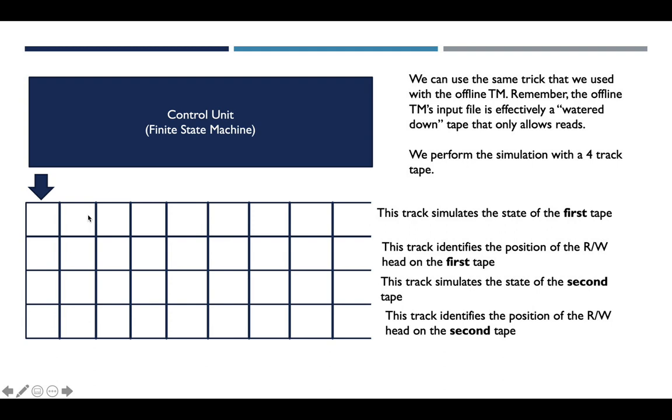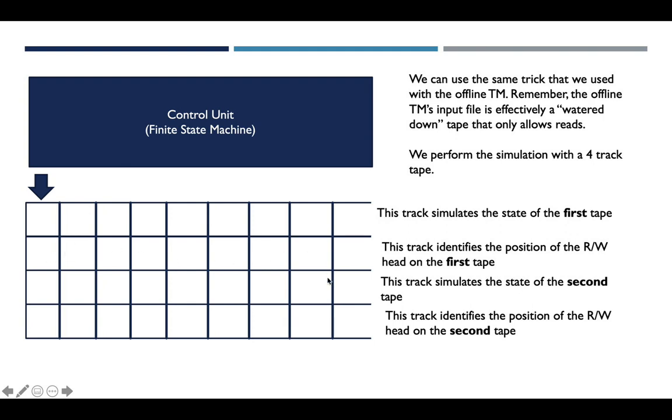Then the second track is going to keep track of the position of the read-write head. So if the read-write head is in this third position, or this 2 position if you're using 0-based counting, this would be a 1 and everything else would be a 0, or you would mark this with an asterisk and everything else would be a blank. However you want to do it in your alphabet, it doesn't really matter. We're just going to keep track of where the read-write head is on this track.